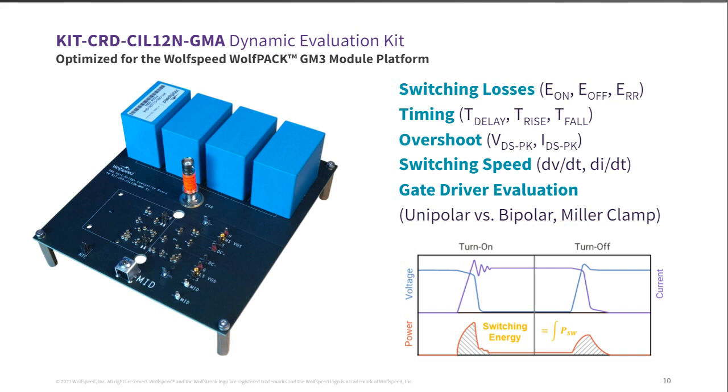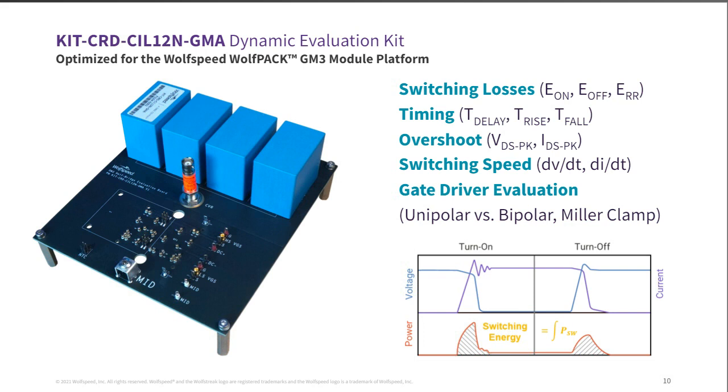So this kit allows you to evaluate switching loss, timing, overshoot, and switching speed. Again, the full dynamic characterization of the power module across a bunch of different parameters or variables like bus voltage, current, even junction temperature, gate resistance, things of that nature.